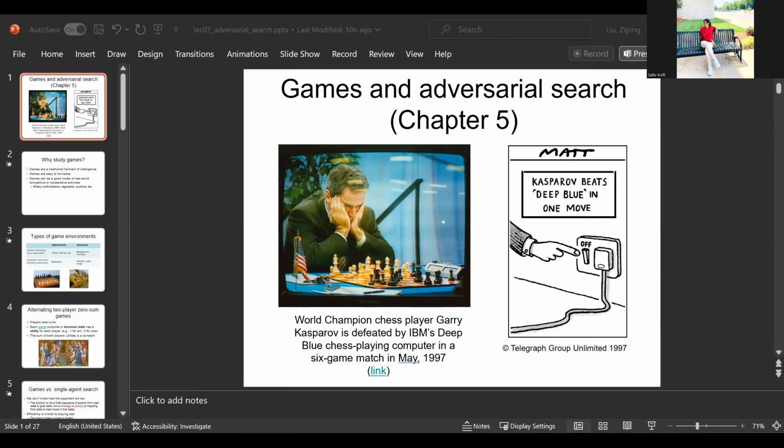Okay, and here, if there are more than 2 players, what should we do? Like in this case, there are 3 players: red, green, and blue. For 3 players, each one will have a utility value, so minimax will not work.